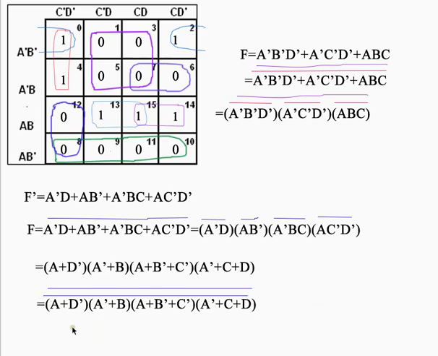Now, the first inversion, applying De Morgan's rule, will go away, and it will turn the ands into ors, so or and or, and then I'm going to have this one inverted, and this one inverted, and this one inverted, and this one inverted.